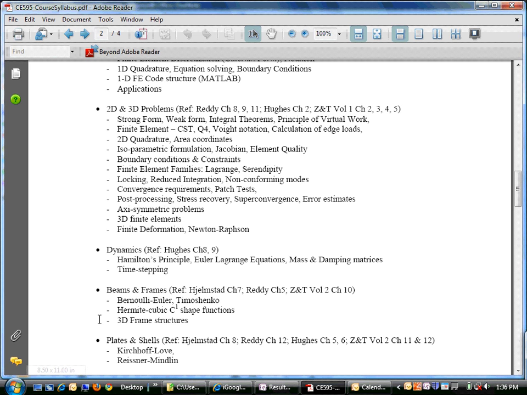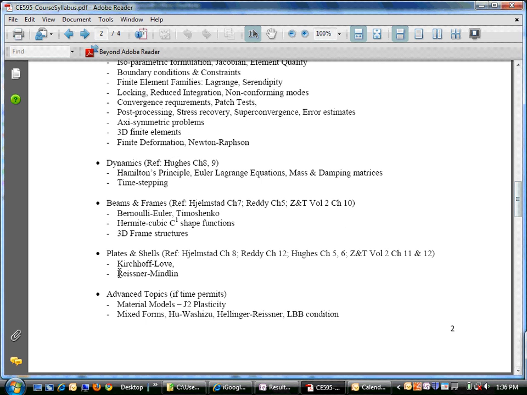What we are doing right now is beams and frames, and after the midterm, I plan to cover plates and shells. Since most of you are structural engineers, these two topics are a lot more important than chapter 2, 3, and all that, because this is really the heart of structural mechanics.